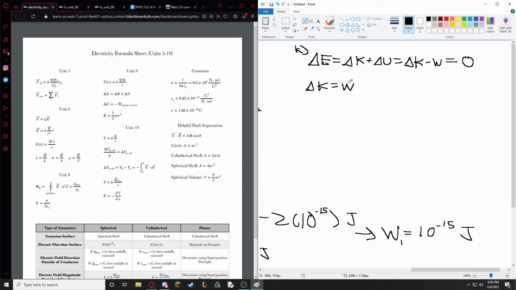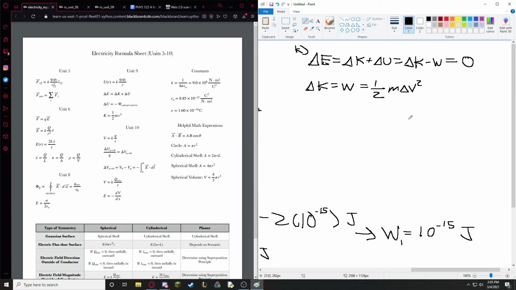So now, how do we relate our change in kinetic energy to our change in velocity? Or what is kinetic energy again? 1/2 mv squared. Yep, exactly. So then we know our change in kinetic energy is going to be 1/2 m delta v squared.